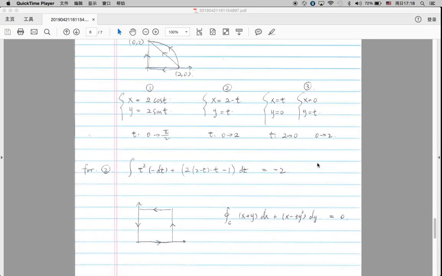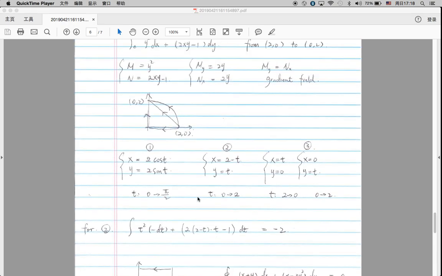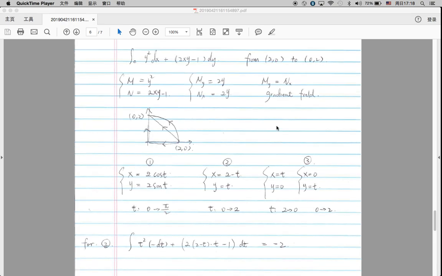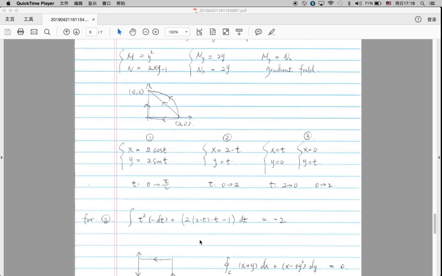Even though we have three different paths here, since this is a gradient field, when we evaluate the integral of this function, no matter which path we choose, we will always get -2.